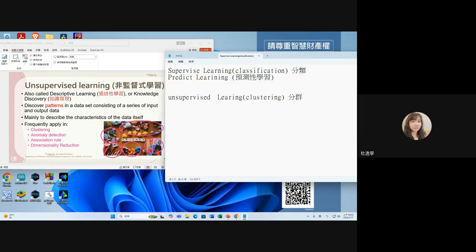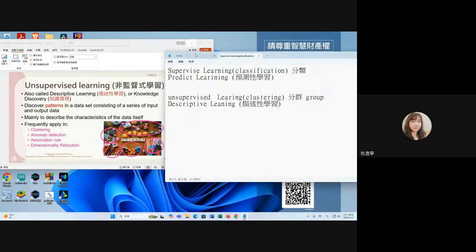Sometimes we use the keyword group, and it is this descriptive learning, 描述性学习. I think this part will appear in your exam. 这个部分会出现在简答题, especially for the essay question answer.